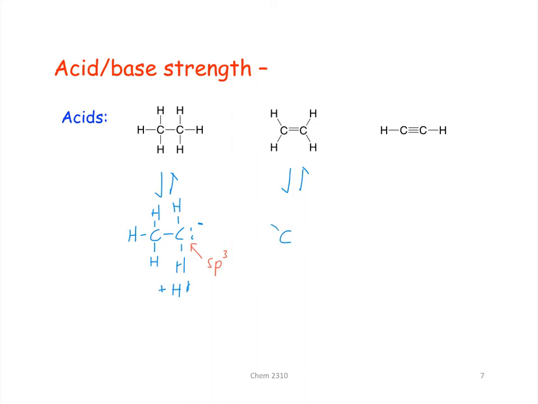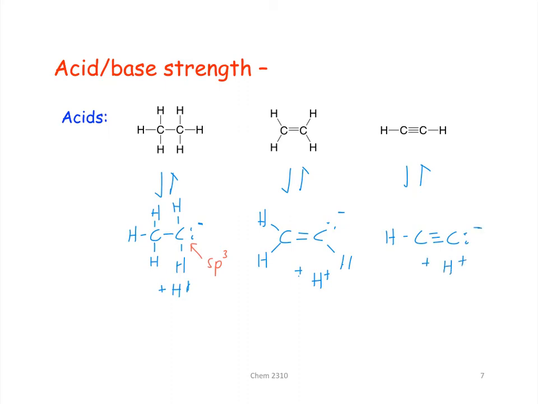So we have this, and a non-bonding pair here, plus H plus. And then we have acetylene or ethyne to give us this.